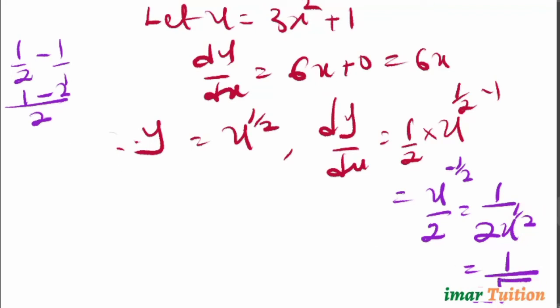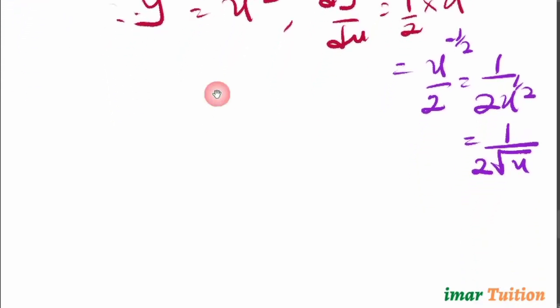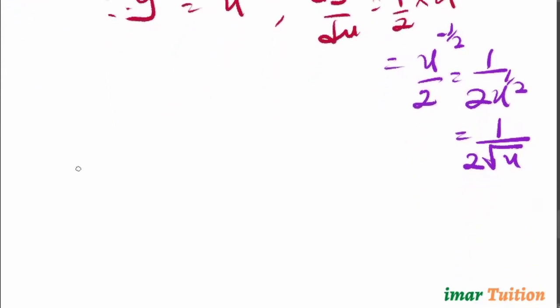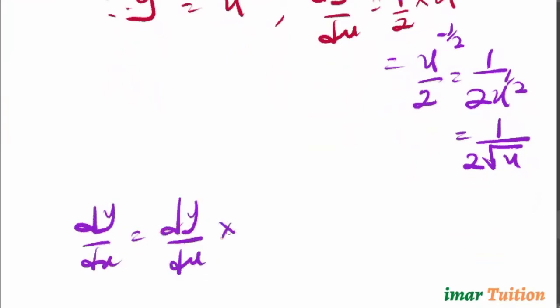Now, our chain rule, which is our derivative, is dy/dx is equal to dy/du times du/dx.